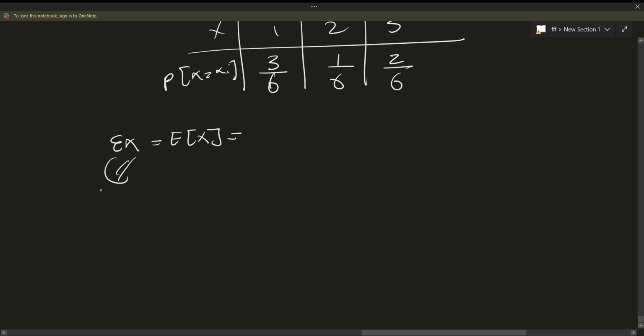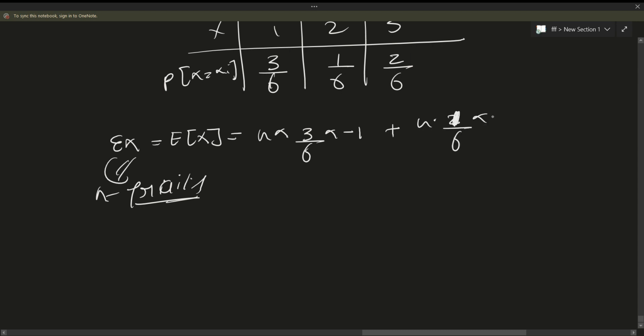Expectation is always for n trials. So I will multiply n, probability 3 upon 6, and value -1. Now for 2, 1 by 6 multiplied by 2, and 2 by 6 multiplied by 3.